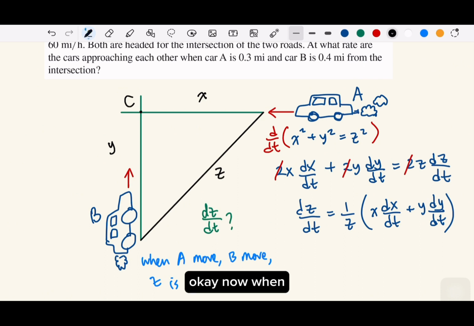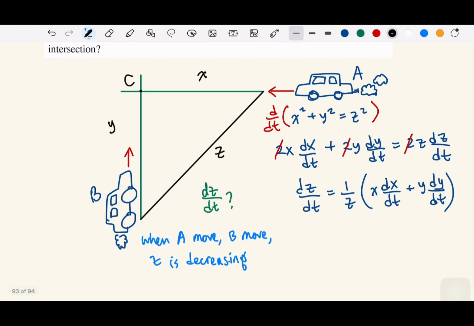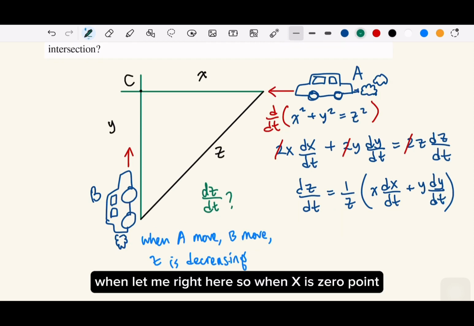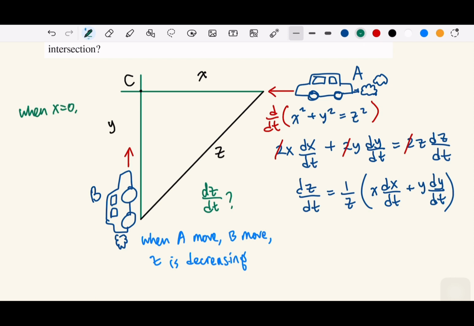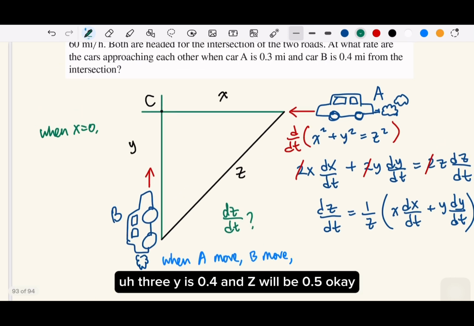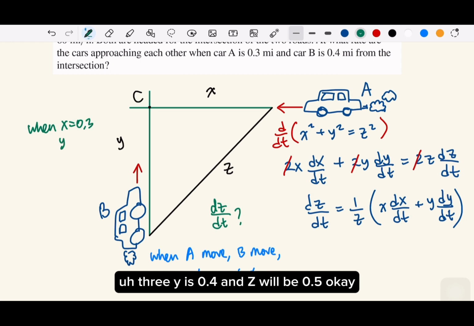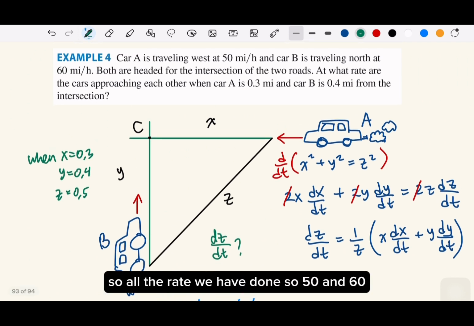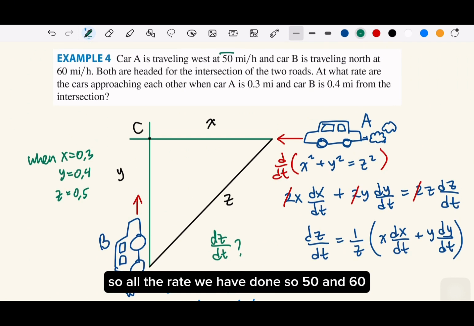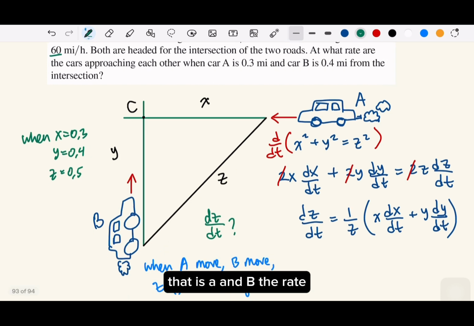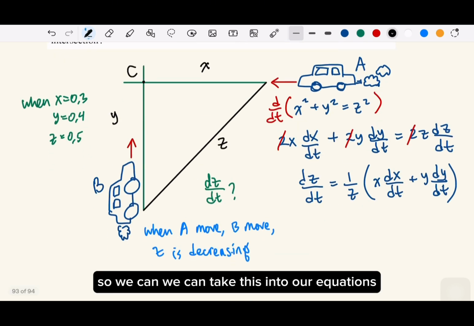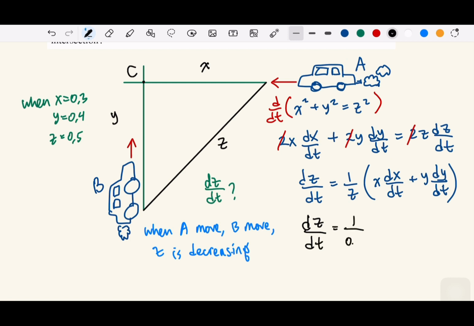Okay, now let me write here. So when x is 0.3, y is 0.4, and z will be 0.5. Okay, so all the rates we have, 50 and 60, that is A and B, the rates. So we can take this into our equations.